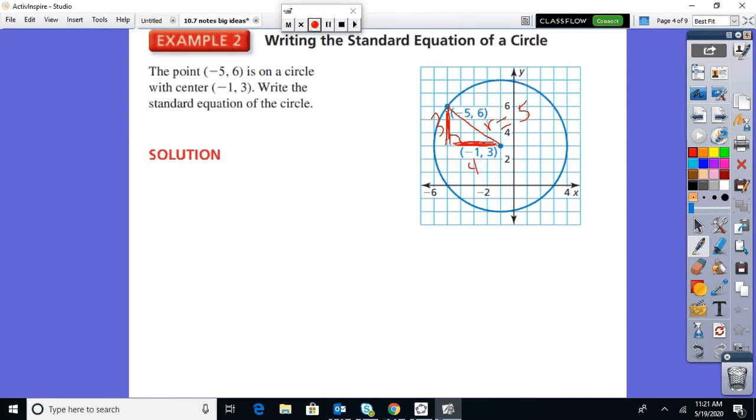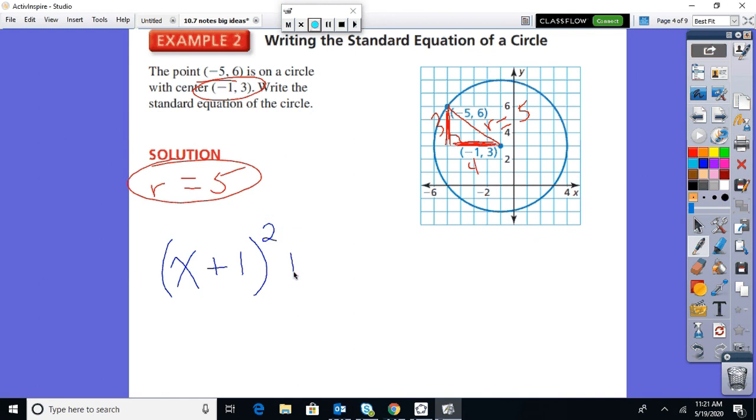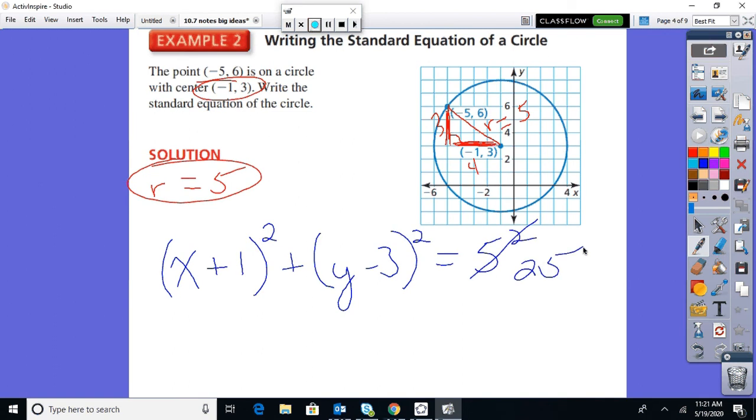So now, once you have your radius, either using Pythagoras or distance, you got the center and you got the radius, so you can just plug it right into the standard equation. So x, now I got to change the sign, so it's x plus 1 quantity squared plus y minus 3 quantity squared equals 5 squared, which you can just write as 25.